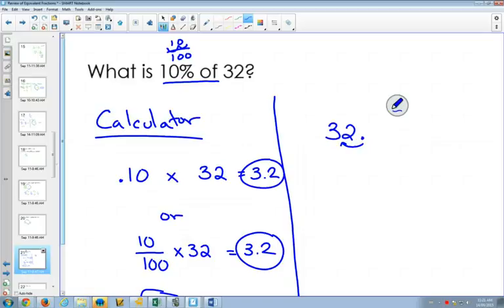And so 10% of 32 will be 3.2. 10% of 54 would be 5.4. 10% of 103 would be 10.3. So that decimal place is just moved one spot over. So that's how you do 10%.